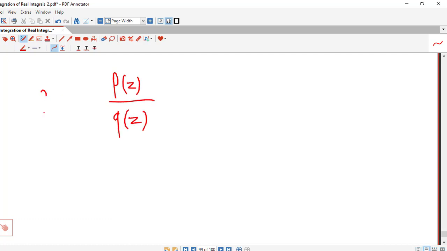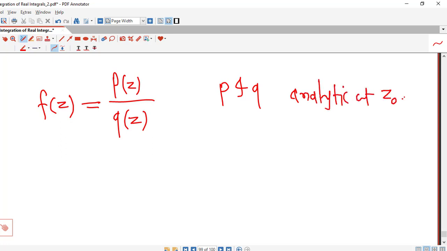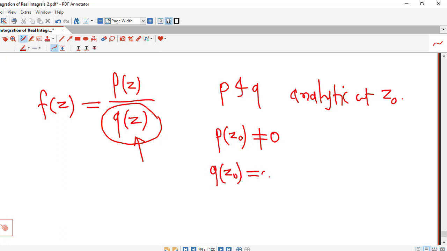f of z is division of two functions, say p and q, where p and q both are analytic at some point, say z0, and suppose value of p at z0 is non-zero and z0 is a 0 of order 1 of this function. That means q of z0 is 0 and q dash at z0 is non-zero.